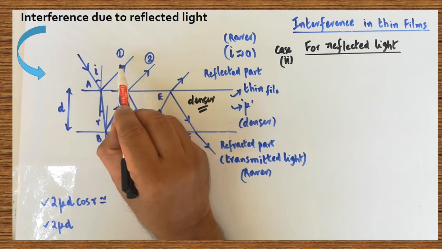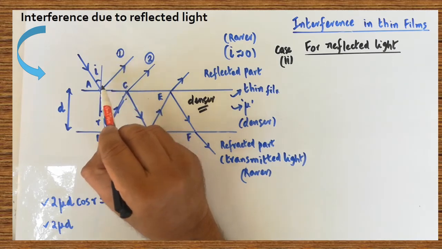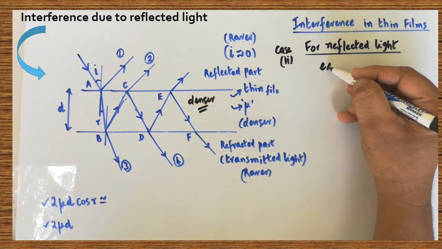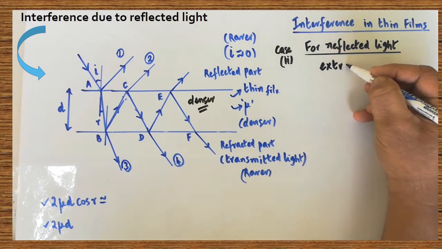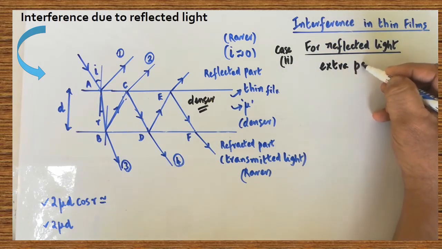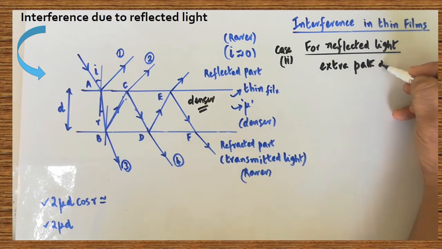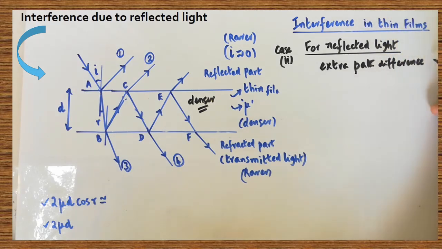Since it gets reflected from the optically denser medium, it creates an extra path difference. Make a note, it creates an extra path difference of lambda by 2.